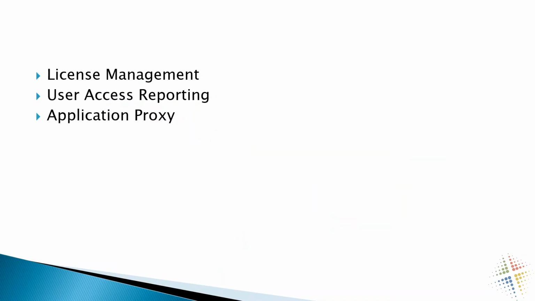Through that you can configure license management. I forgot about that one. If you have third-party applications that require licensing per user, such as Salesforce, through Azure Active Directory you can configure who has access to Salesforce by simply checking a box.